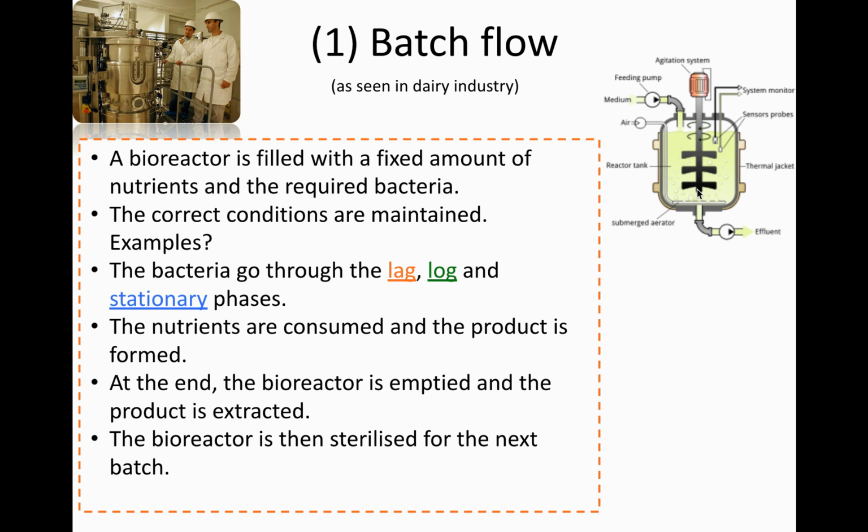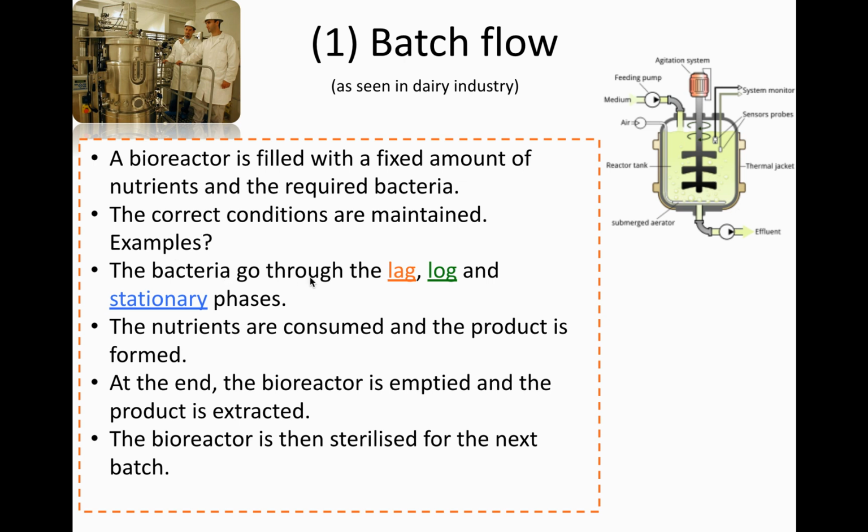Inside this bioreactor, we are maintaining the ideal conditions. You have people in lab coats checking the temperature, the pH, the pressure, and the numbers of bacteria as well. They're constantly monitoring this environment to make sure that conditions are ideal.